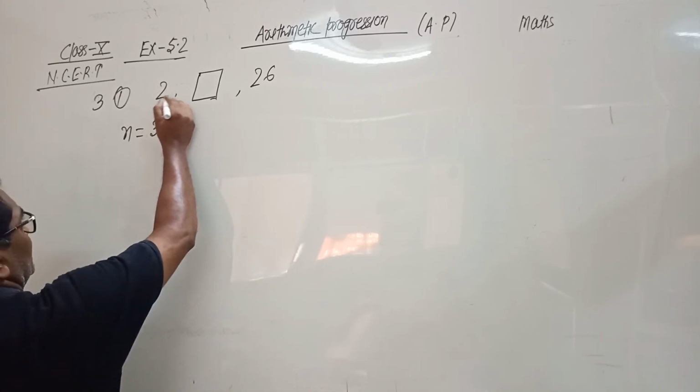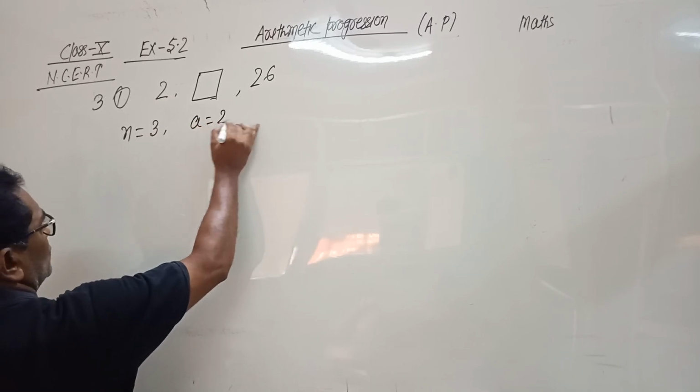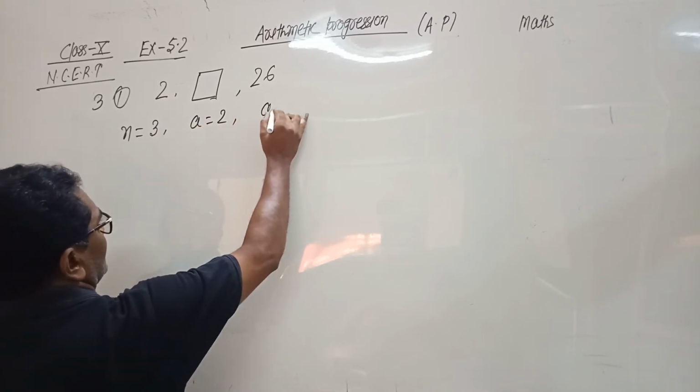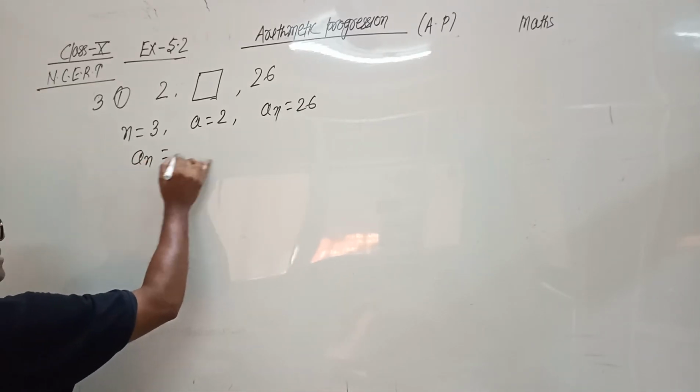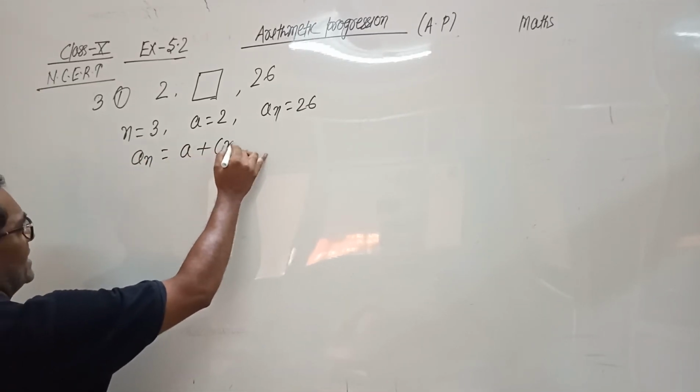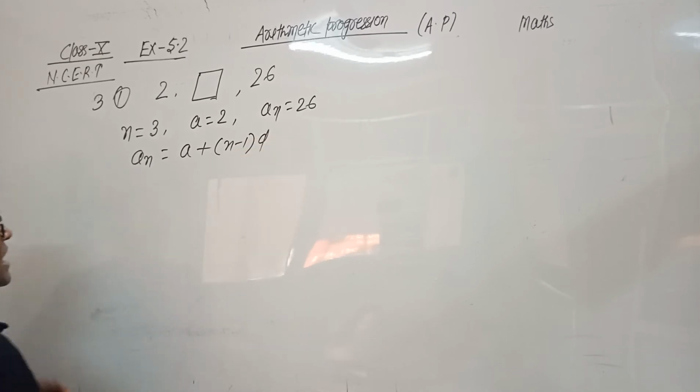What is the first term? The first term is 2. What is the last term? The last term is 26. We use the formula an equals a plus n minus 1 into d.